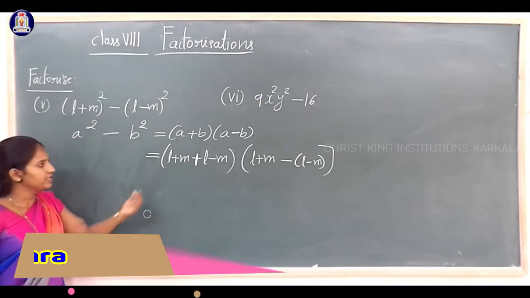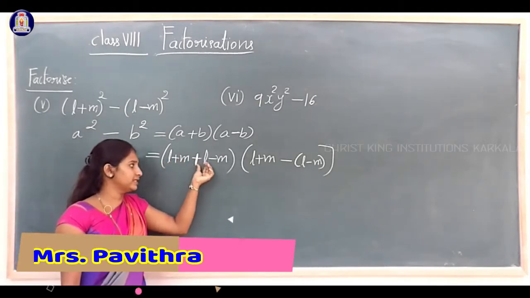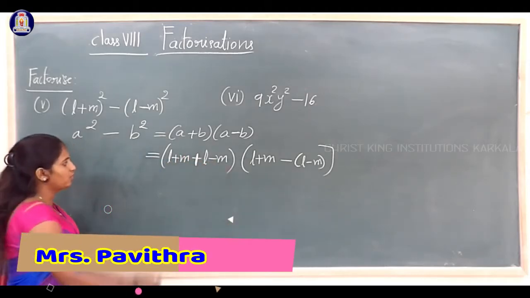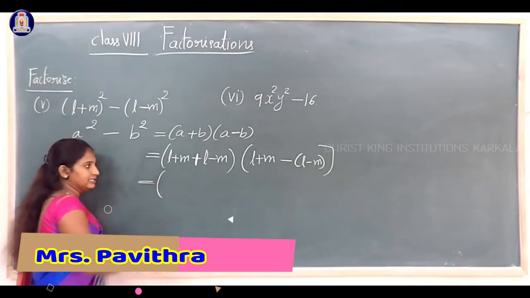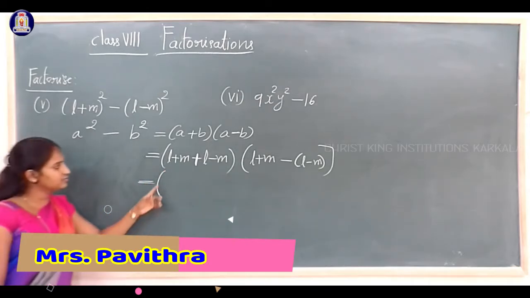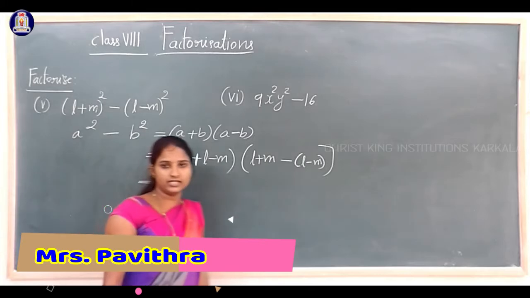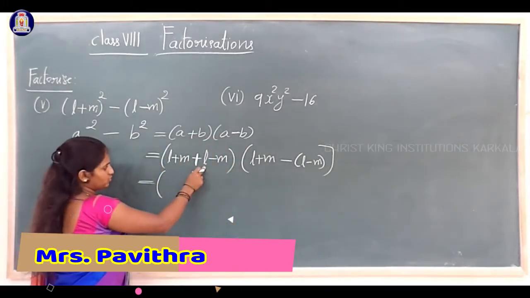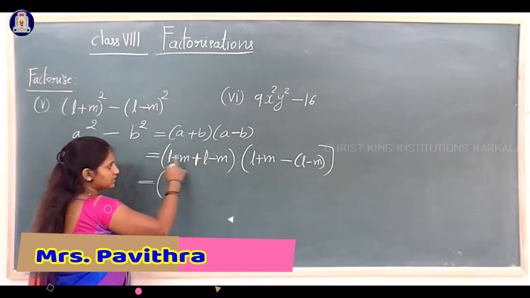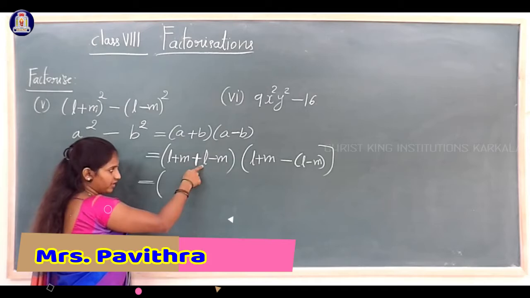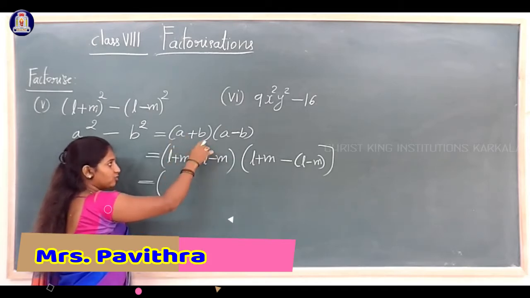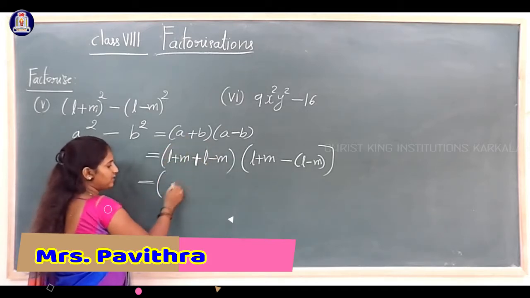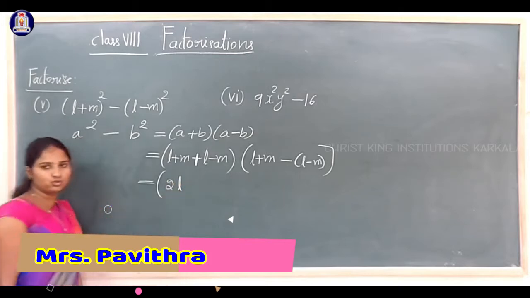Now, L + m + L − m. In this you can add the like terms. Which is the like term here? 1L plus 1L, total 2L. We can add these because they are the same variable and the exponent is also the same.